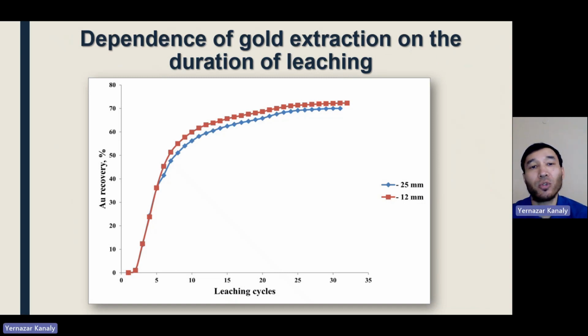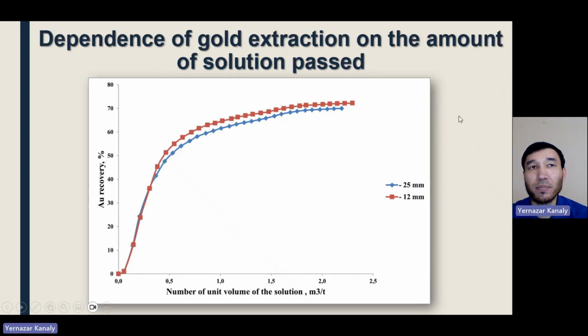The next slide shows gold. The solution required 31 leaching cycles for minus 25 millimeter and 32 leaching cycles for minus 12 millimeter ore.